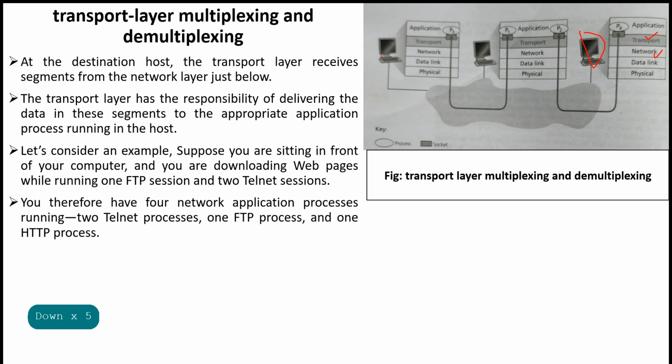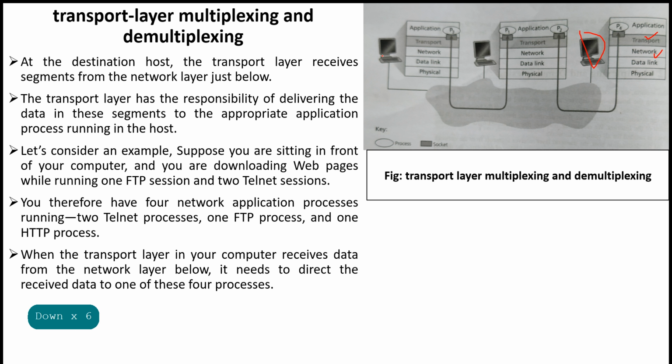You therefore have four network application processes running: two telnet processes, one FTP process, and one HTTP process. Total four. When the transport layer in your computer receives data from the network layer below, it needs to direct the received data to one of these four processes, right?